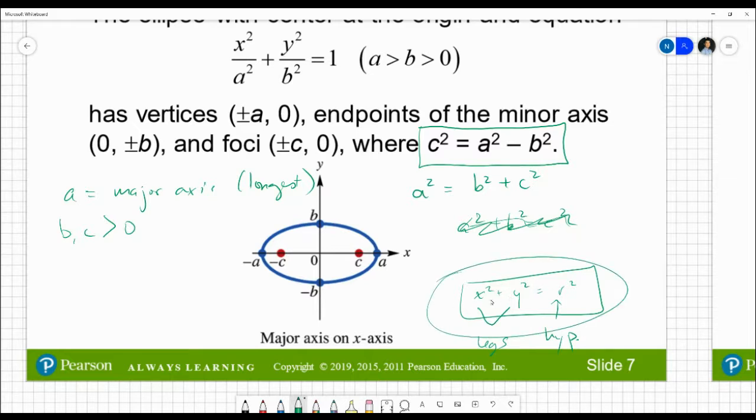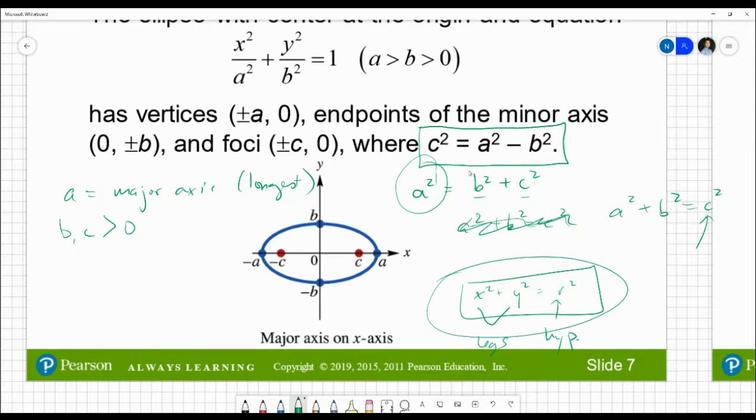The two smaller values added together will always equal the larger value squared. So here, since B and C are less than A, that means that A is by itself. Okay? Whereas in Pythagoras, I'm used to saying A squared plus B squared is equal to C squared. C is our hypotenuse. Okay?